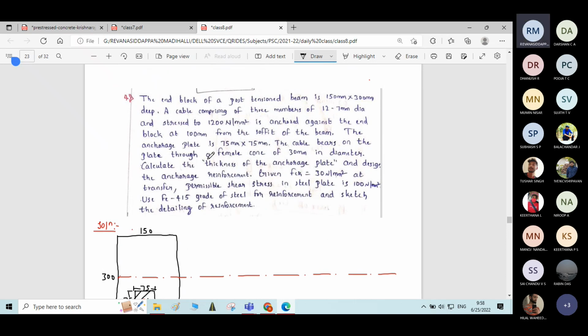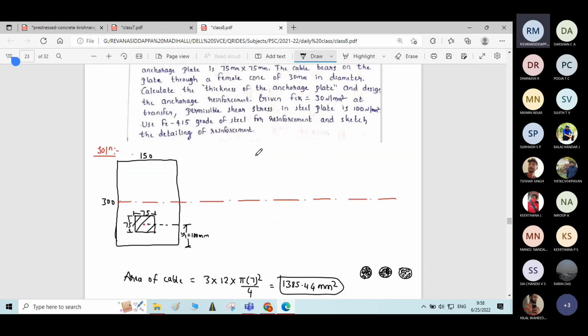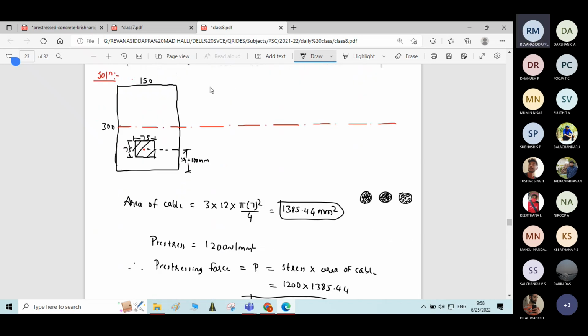Next, the cable bears on the plate through a female cone of 30 mm diameter. Let me write the diagram. In the longitudinal section, we can show it clearly.